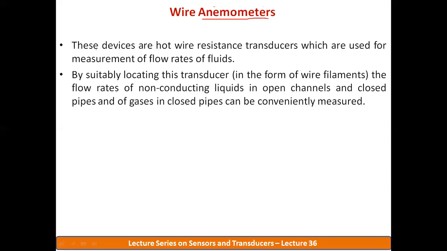These devices are hot wire resistance transducers. These wire anemometers are also called hot wire resistance transducers, because here the sensing element is in the form of a wire or a filament.